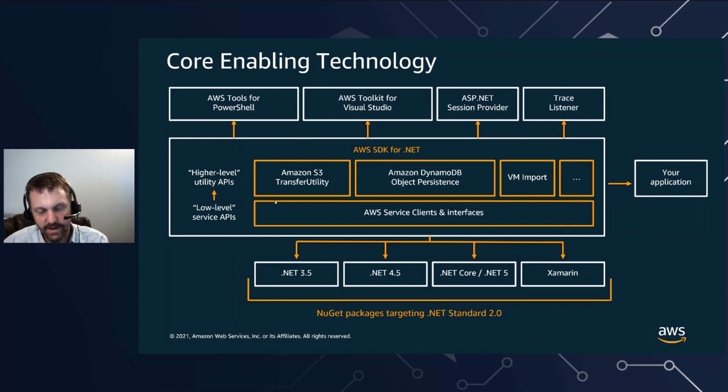So for instance, the S3 transfer utility are classes that facilitate moving files to and from S3. And then the Amazon DynamoDB object persistence utility allows you to interact with DynamoDB using C# classes. And we'll see that in one of our demos.